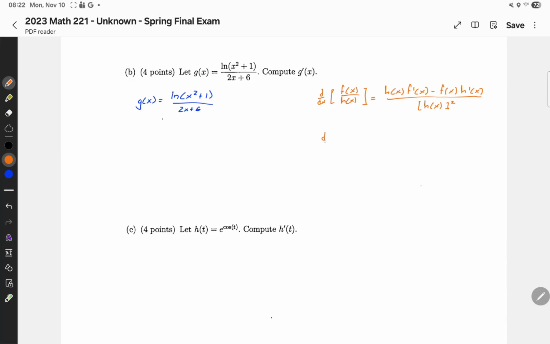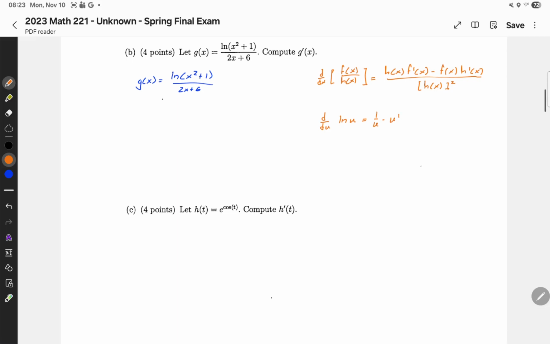So now let's go ahead and calculate these derivatives separately as well. So we have the derivative of, it's going to be this natural log term. I'll go ahead and write out the derivative of natural log with u, just in case you forgot. So remember the derivative of, let's say ln u, this is going to be 1 over u times u prime, right? Just chain ruling it.